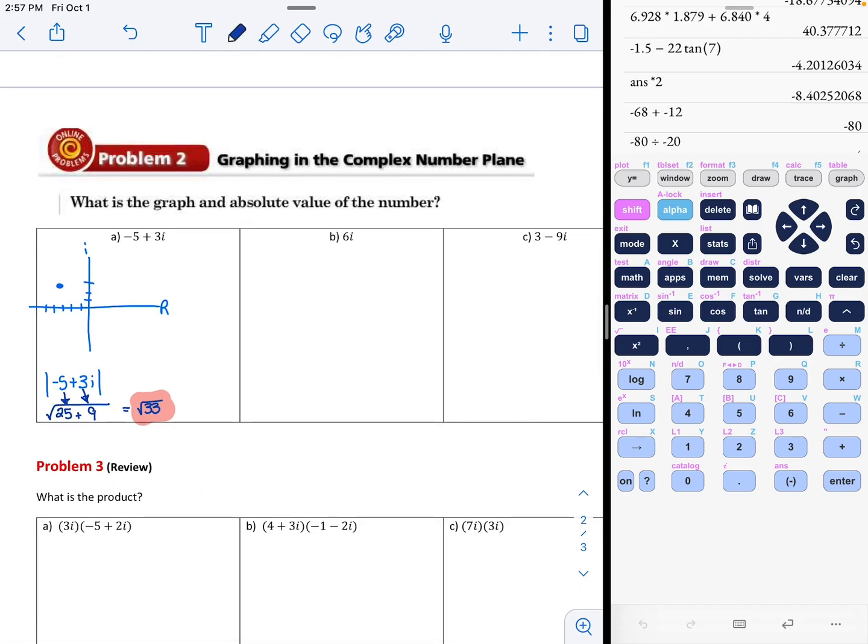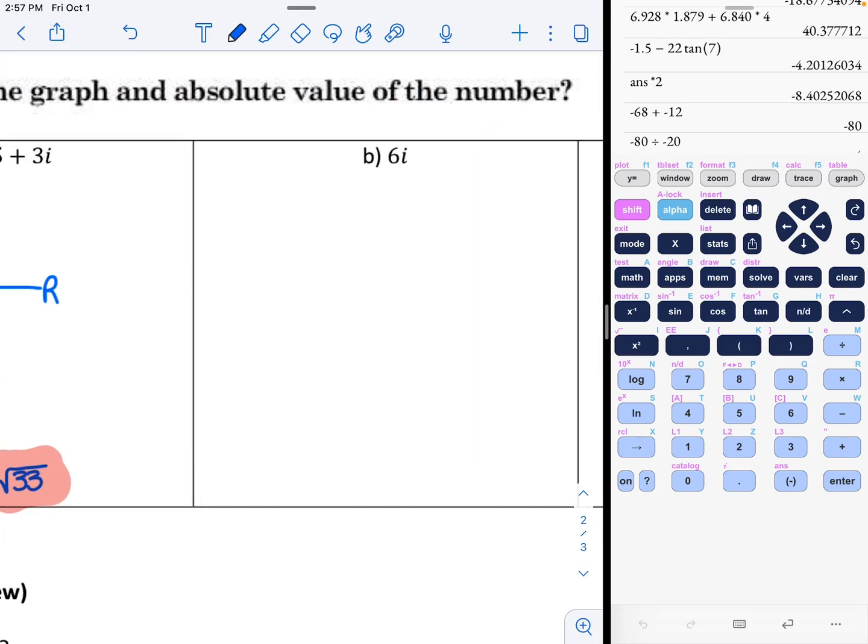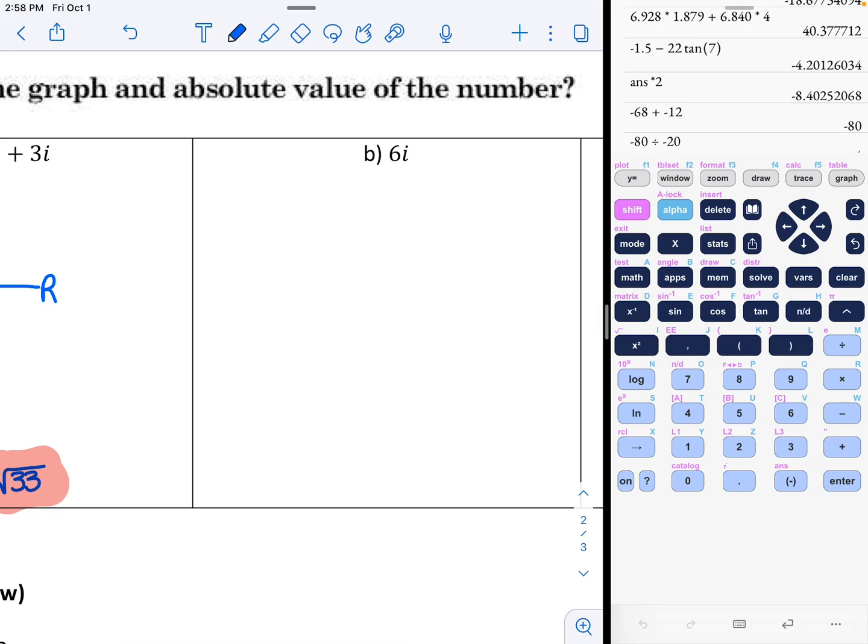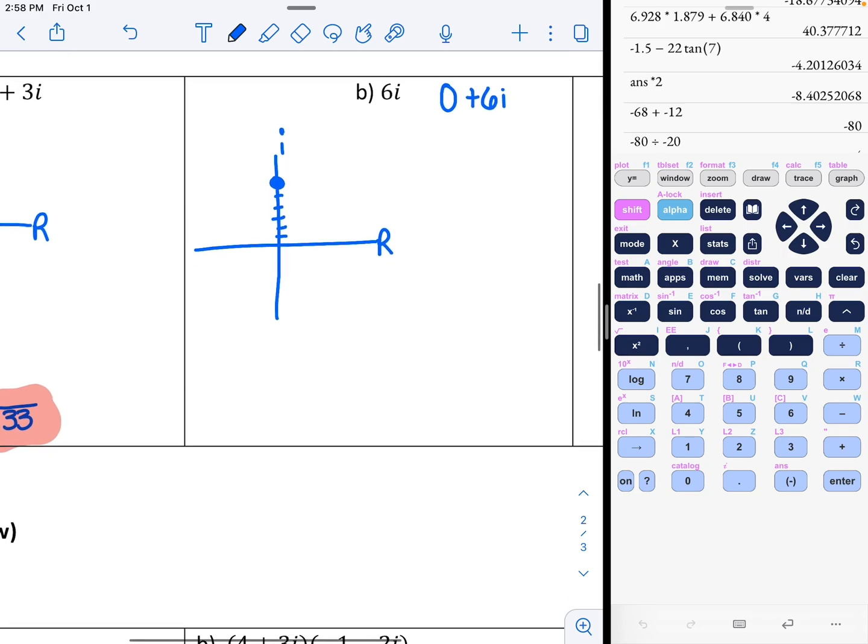Let's do the next one, very similar. We're going to practice 3 of these. This time notice that there is no real number. So what that means is that it was technically 0 plus 6i. So on my real axis, I go to 0. And on my imaginary axis, I go up 6. That is the graph itself.